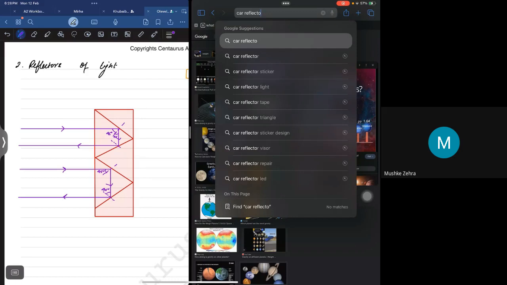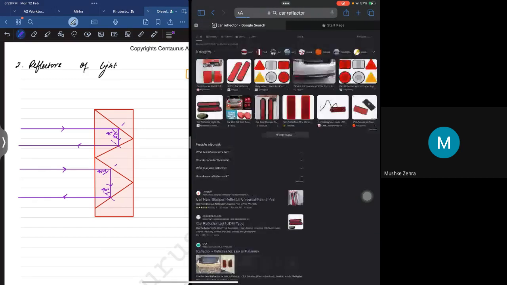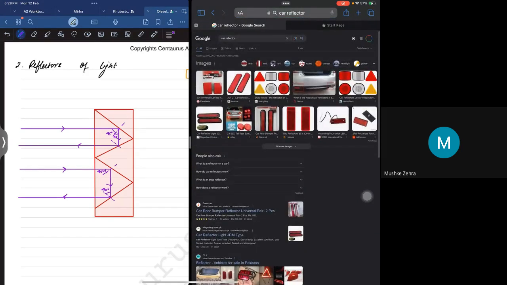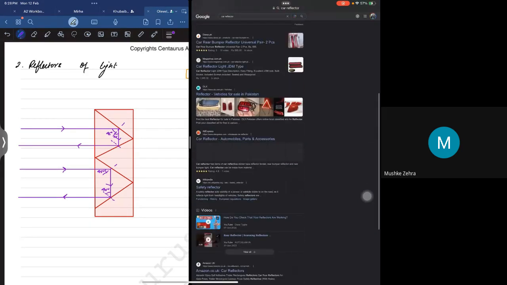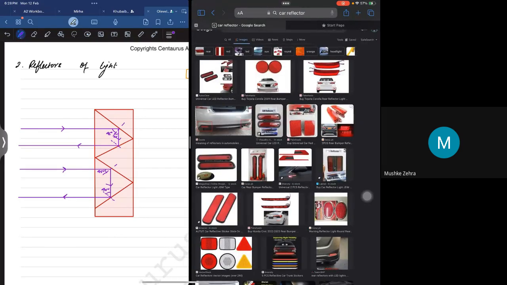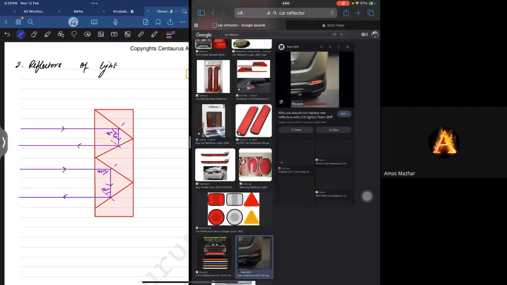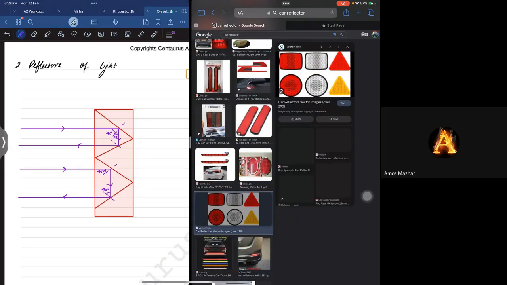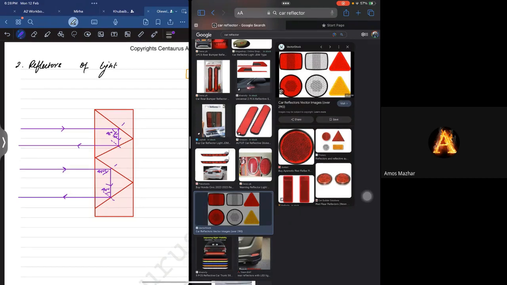Car reflectors. So these are like this. You might have seen these on bicycles as well. Exactly these things.